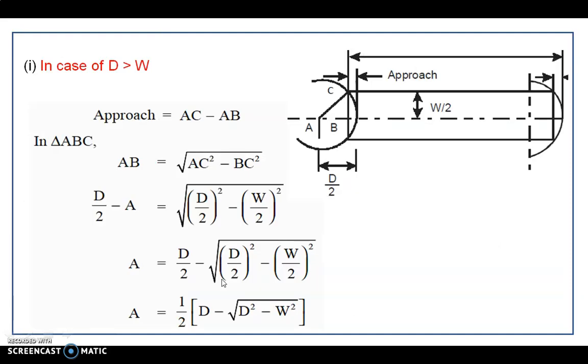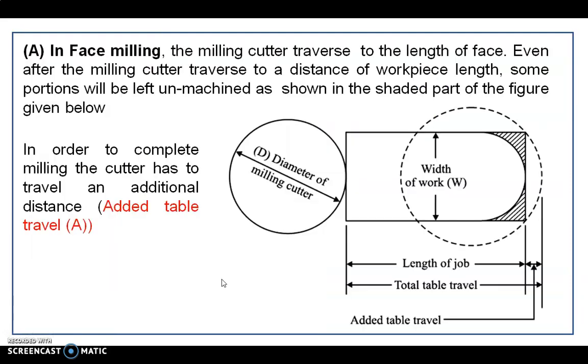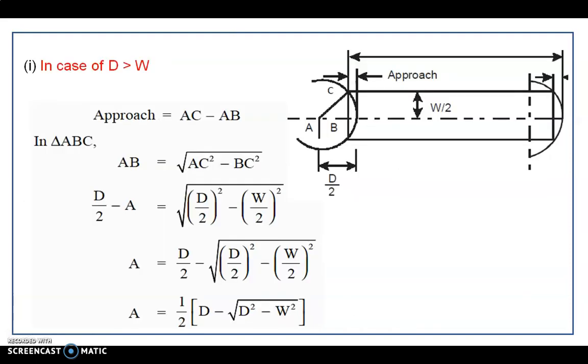We will see three different cases in face milling. One, the diameter of the cutter is greater than the width of the workpiece. Second case, the diameter of the cutter is equal to the width of the workpiece. The third case, the diameter of the cutter is smaller than the width of the workpiece.